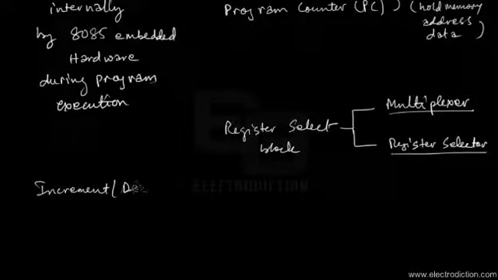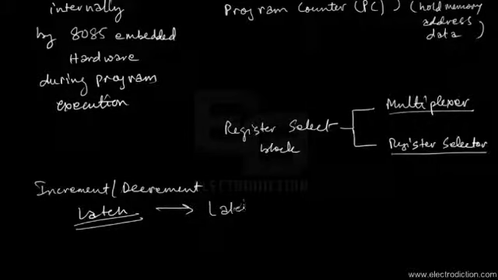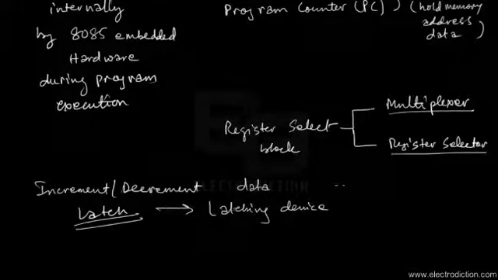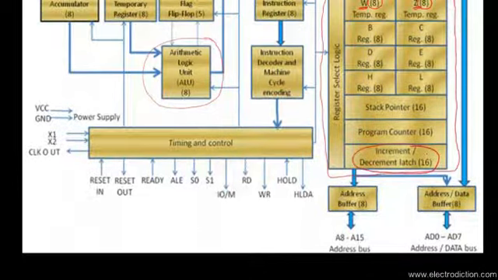So the increment or decrement latch is basically a latching device. It's nothing more than a data latching device, coupled with, that is, present together with the program counter register, so that it can hold the incremented or decremented data.